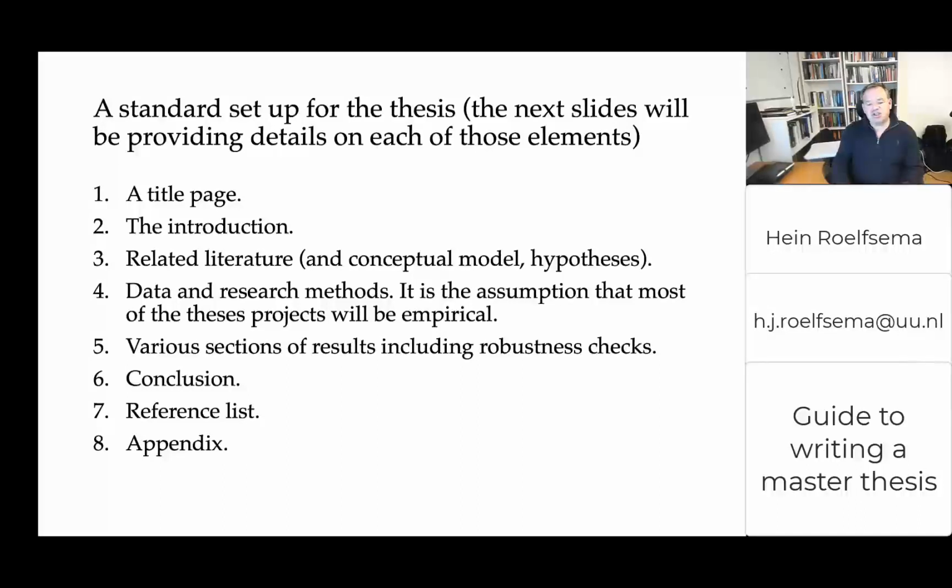Then your introduction, the related literature, and again I'll come back to this. A related literature section, often the second section in your paper if you don't count the title page as a section, can also be combined with a conceptual model or the formal creation of hypotheses. So often this kind of related literature, conceptual model, and hypothesis is one big chunk after the introduction.